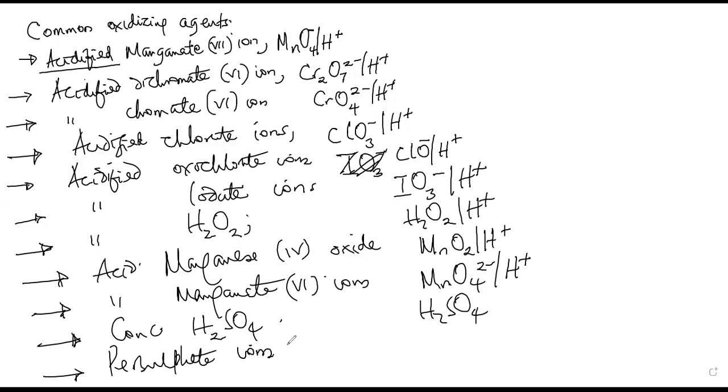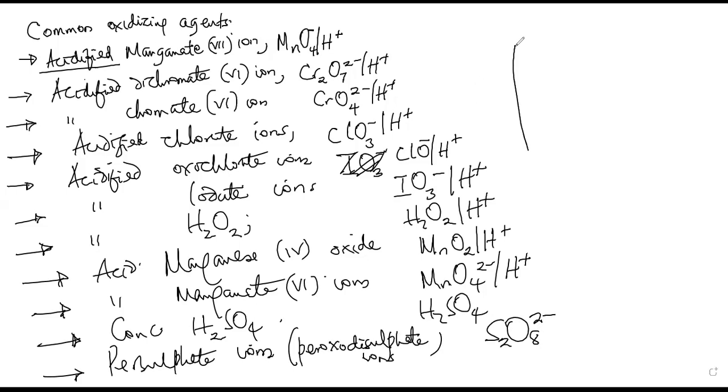One can call them peroxodisulfate ions, and these are written as S2O8 2-.